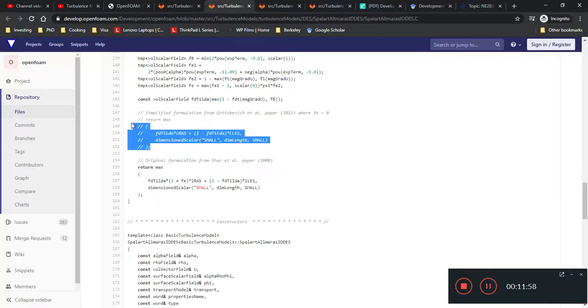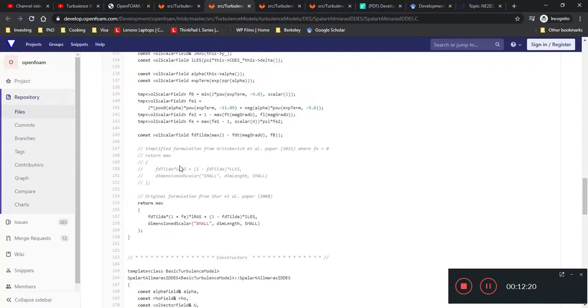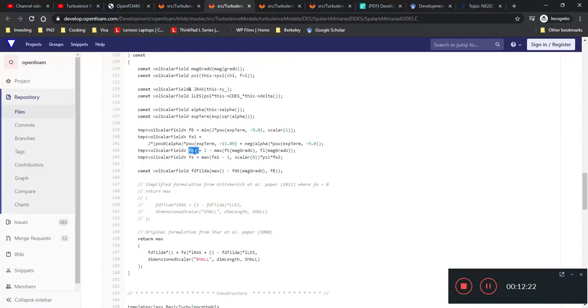They left it in the comments here. So they didn't use the simplified version of the K omega SST IDDES model. Whether you put it in or leave it out does not matter so much. But of course, leaving it in will suppress the log layer mismatch a little bit more. So I guess they just left it in anyhow. Okay, so that's how it was being done in there.